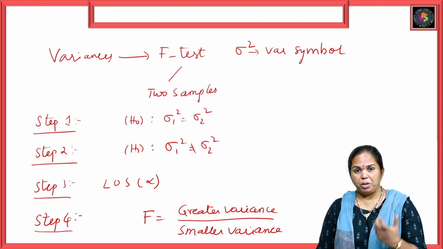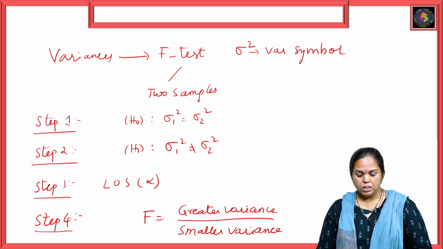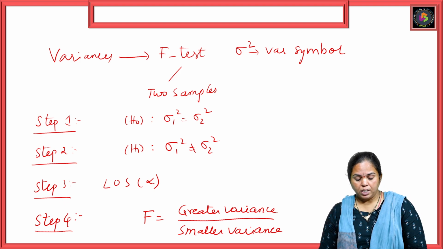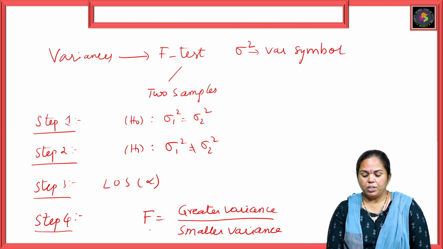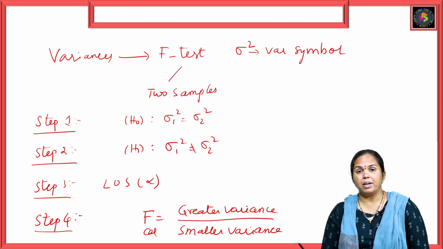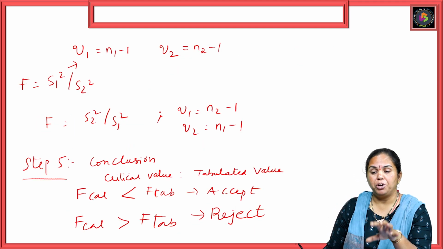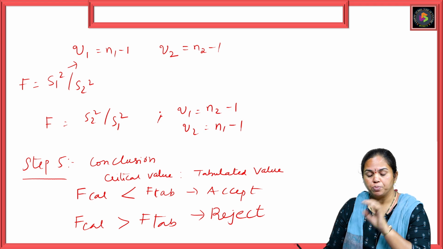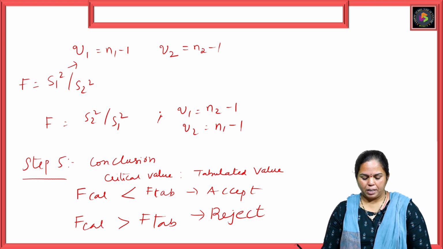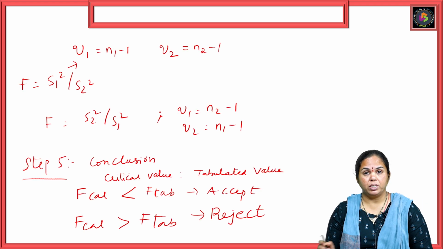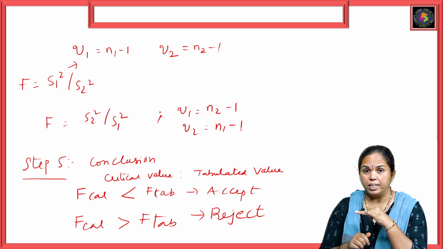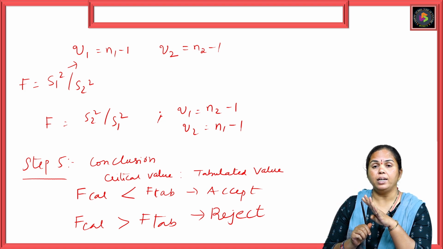Level of significance depends upon the problem. Step 4, test statistic F calculated equal to greater variance by smaller variance. Depending upon the formula, nu1 and nu2 will change, and then the conclusion part. So up till now we have discussed the t-test, z-test, proportion and F-test.